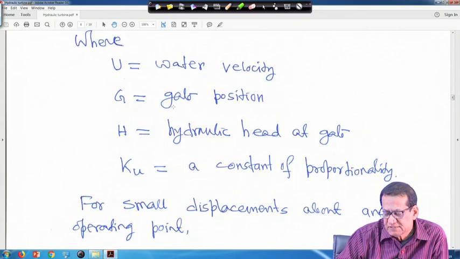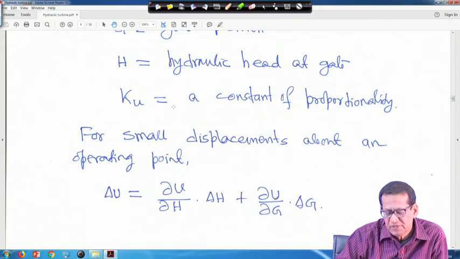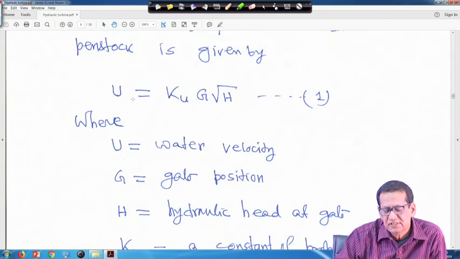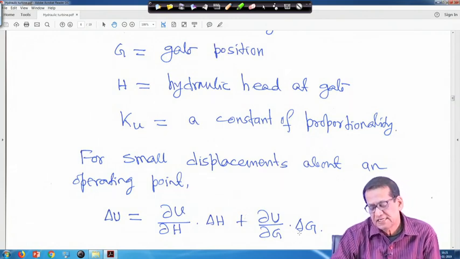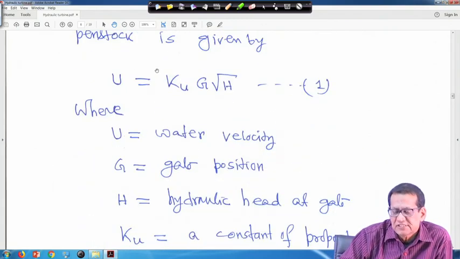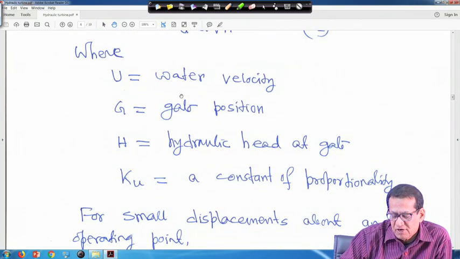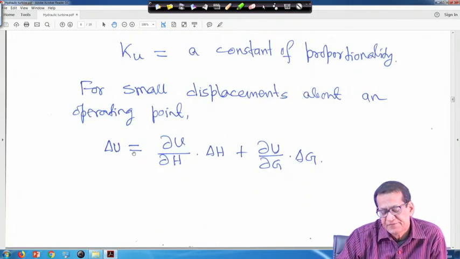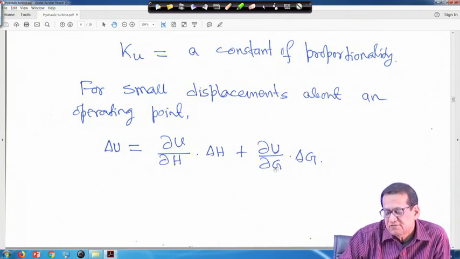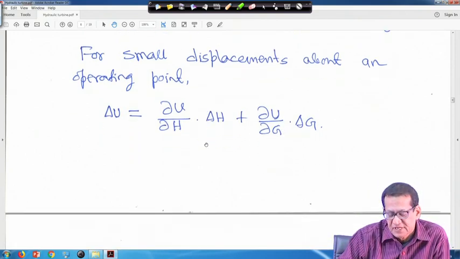So, for small displacement about an operating point, we can write that delta u is equal to del u del h into delta h plus del u del g into delta g, right.